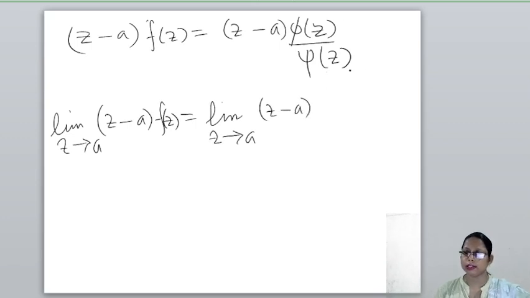Now this phi(z) and psi(z) we can expand by Taylor series expansion about the point z equal to a.